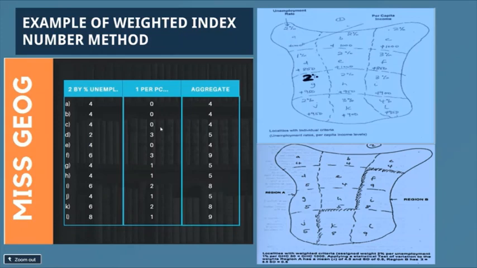And in that case, when we look at the map below, regions or territories which scored high numbers can be viewed as underdeveloped, whilst territories which scored smaller numbers can be seen to be developed.